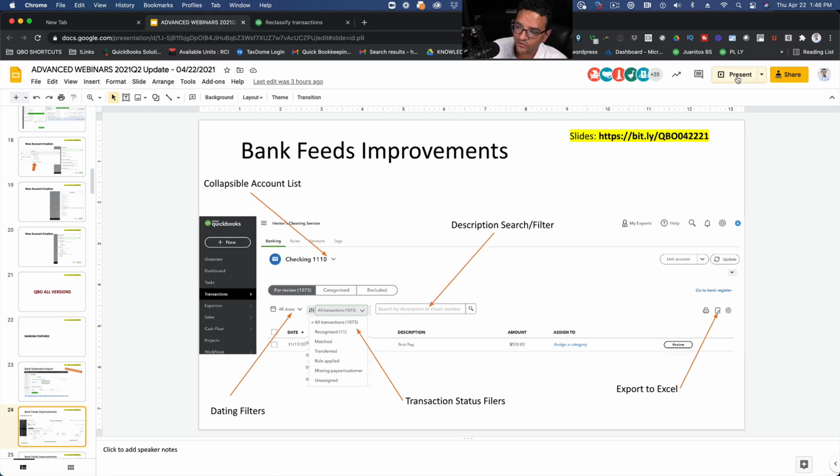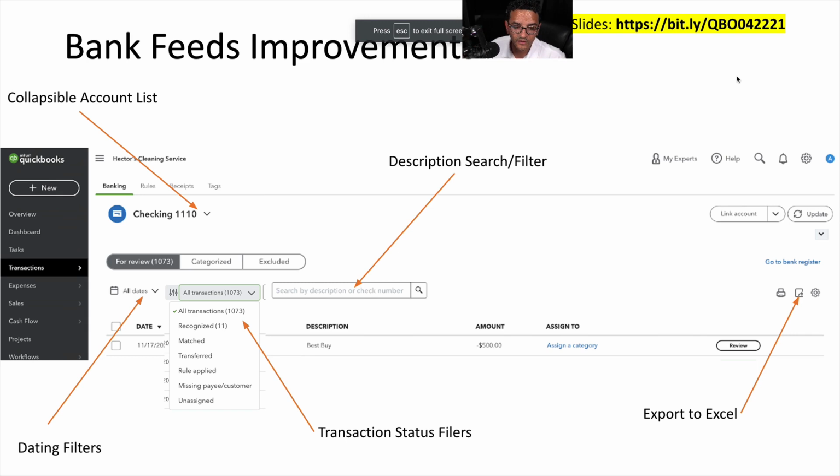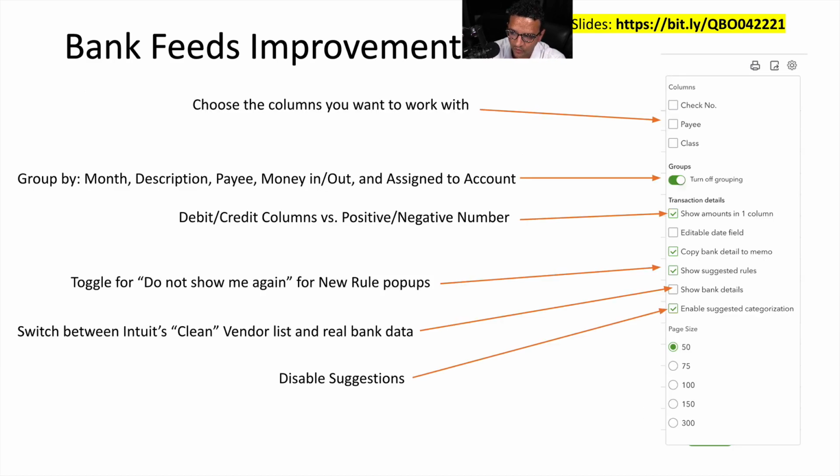And I think that although this might not be all new to people, just the combination of tools is something that a lot of people don't use. And this is the type of stuff that I talk about in my bank feeds, bank reconciliations course. I go really deep into all these tools and techniques that will significantly save you time. But I wanted to mention those. Those are worth mentioning.